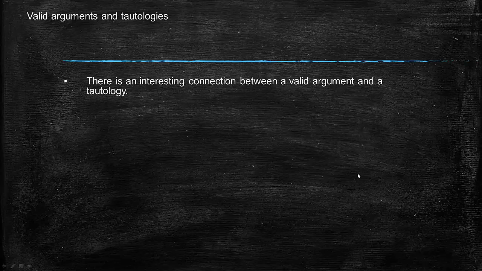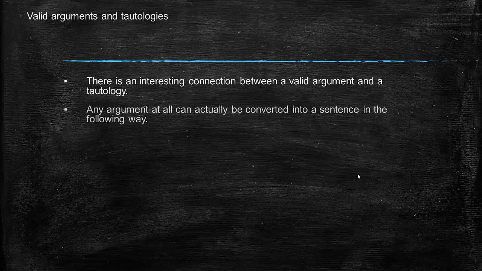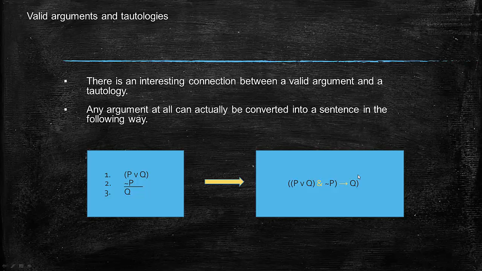Now, there's an interesting connection between a valid argument and a tautology, which is worth knowing about. It turns out that any argument at all can be converted into a sentence in the following way.